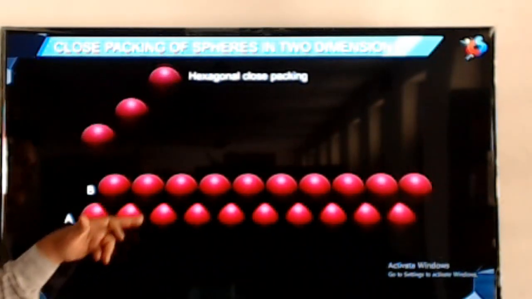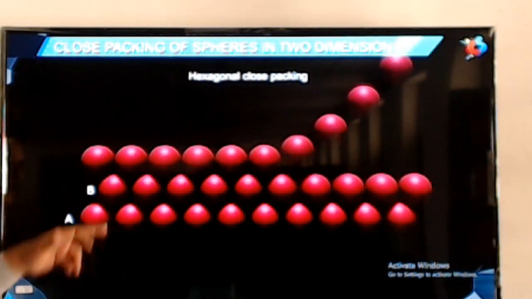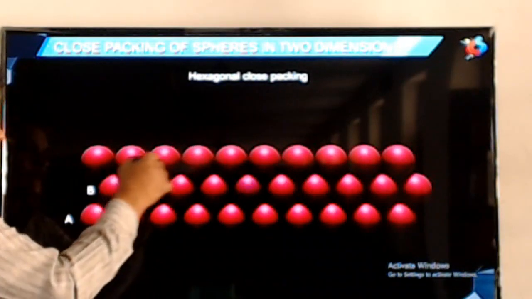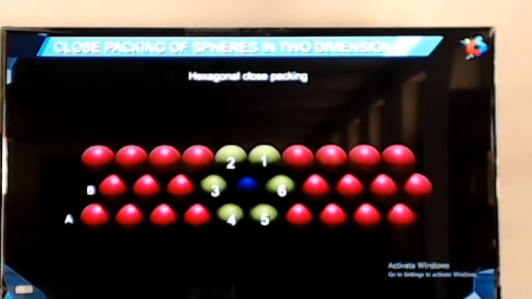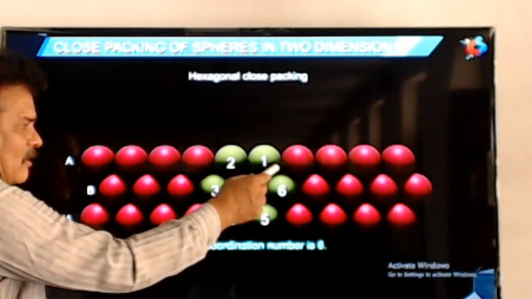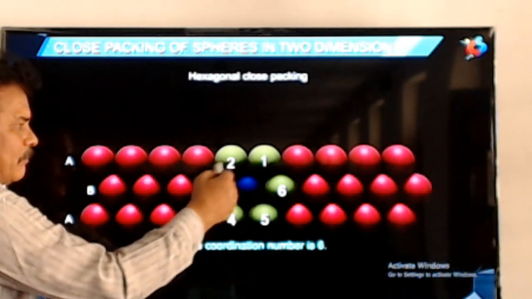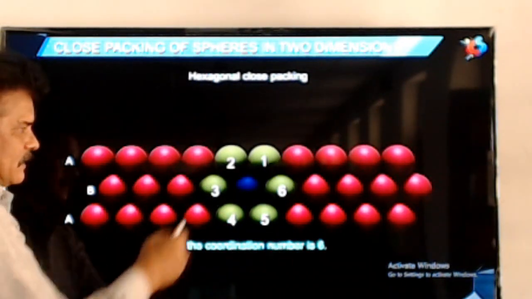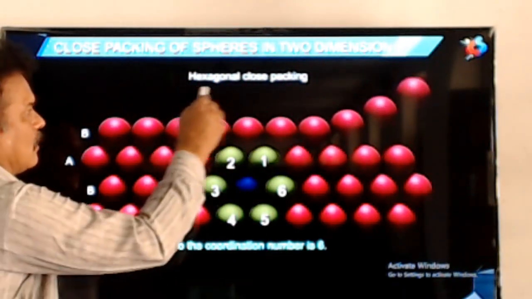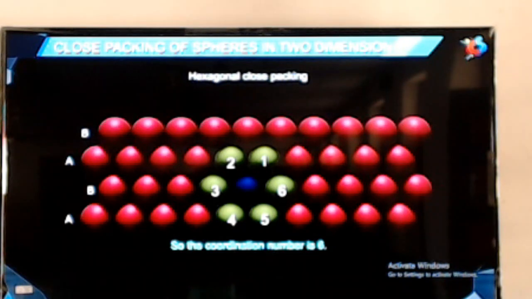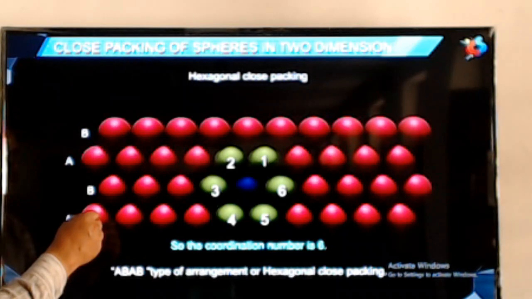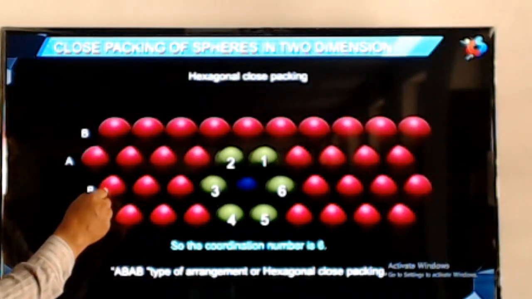If we place the third row in the dips of the second row, we will get a line. If this is the reference particle, then it is in contact with 6 other particles, so the coordination number is 6. If we join the centers of these particles, we will get a hexagon. So this is called hexagonal closed packing. Here, the third row is similar to the first row, and the fourth row is similar to the second row.